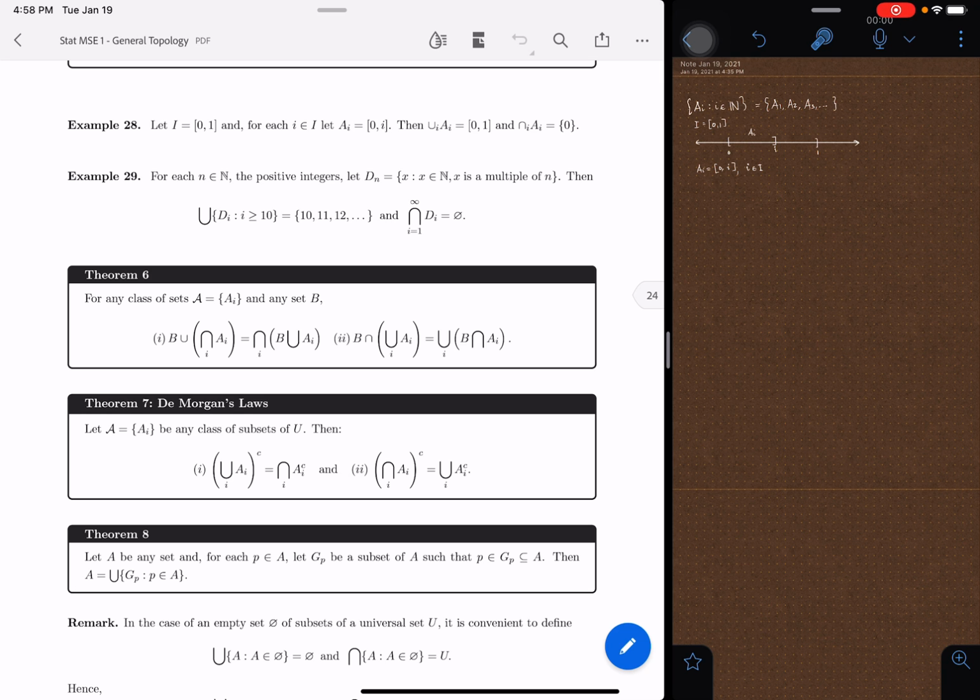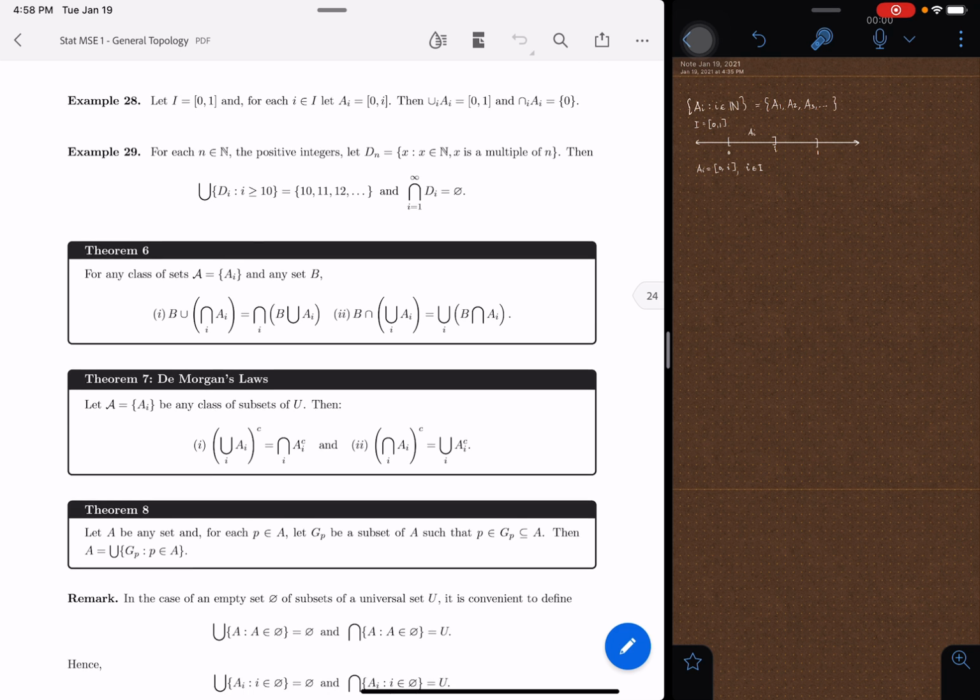And their intersection will be empty. Okay? So walang common na elements yung mga D sub n natin. If we consider all D sub n, then wala tayong makikitang common na element sa kanilang lahat. So they have an empty intersection.